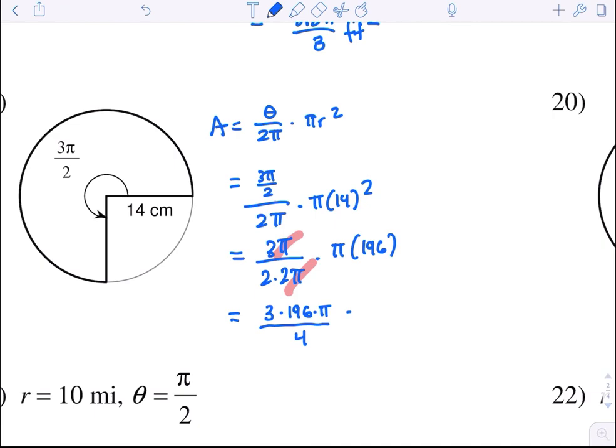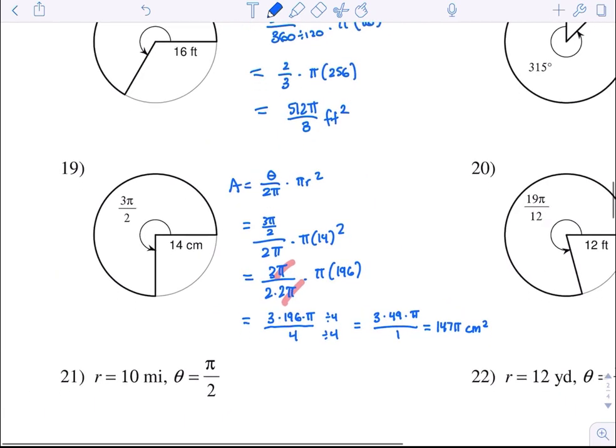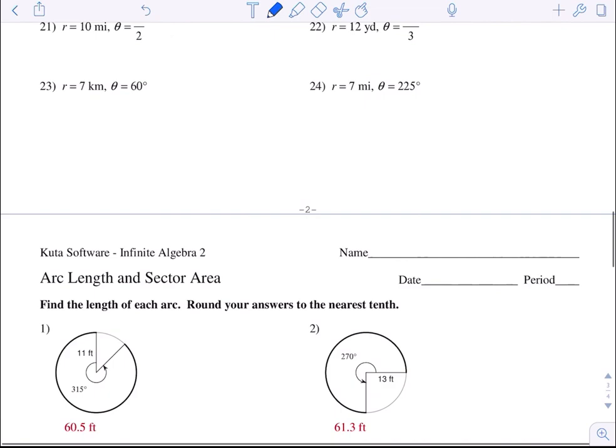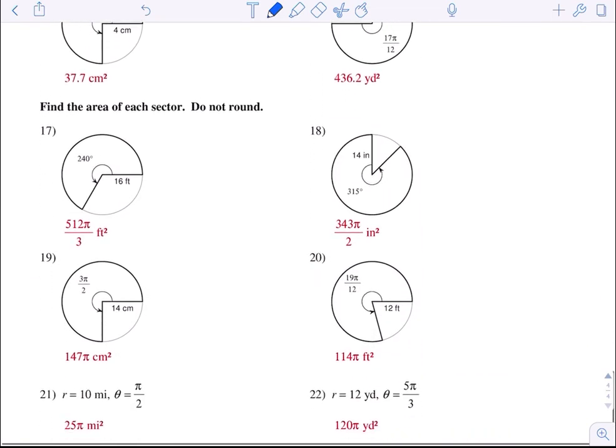So if we divide top and bottom by 4, we are going to be getting 3 times 196 divided by 4, you guys, is 49 times pi. And 4 divided by 4 is all over 1. And this is simply times 3. So this is going to be 147 pi centimeters squared. So it's a lot of just simplifying your fractions.